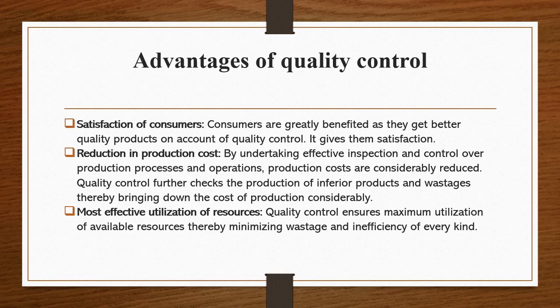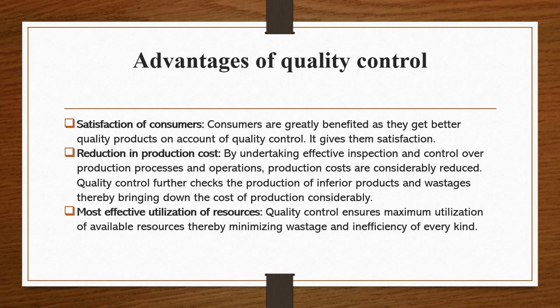And another point under the advantages of quality control is the most effective utilization of resources. Quality control ensures maximum utilization of available resources, thereby minimizing wastage and inefficiency of every kind.